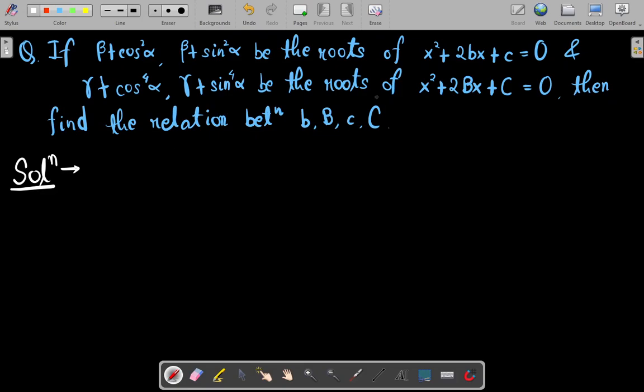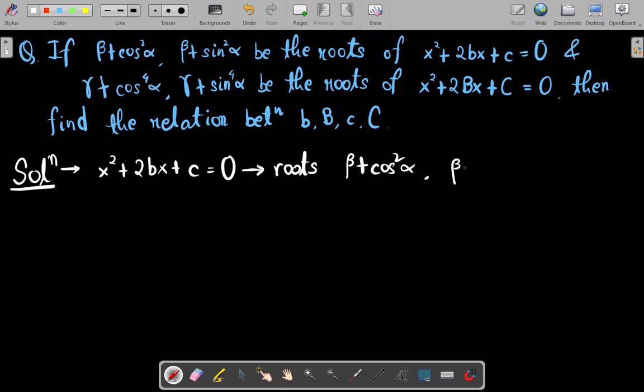So first of all, we are given two quadratic equations. The first equation is x square plus 2 small bx plus small c equal to 0, and this has roots beta plus cos square alpha and beta plus sine square alpha.